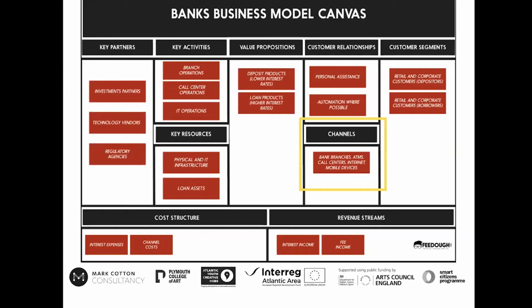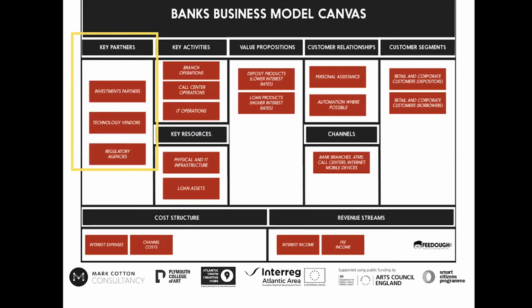Their channels are through their branches, their ATMs, their call centers, through the internet, through mobile devices, through apps. And their key activities are delivering the services through those branches, through the call centers, and through the IT operations.